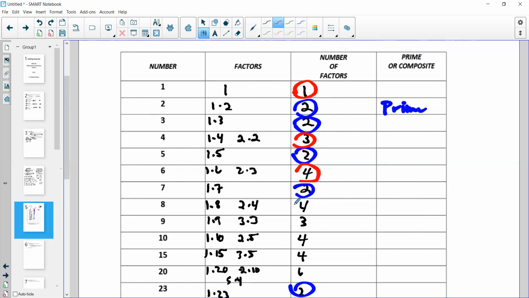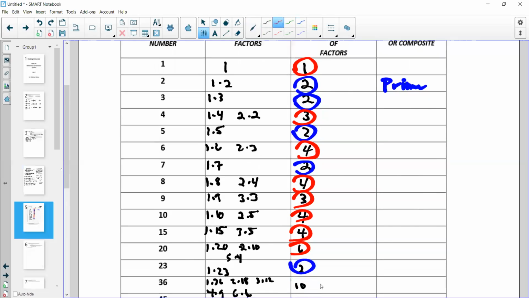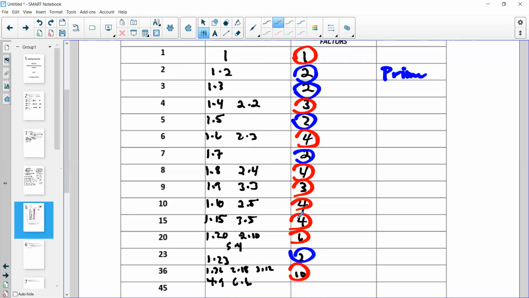And then we've got 3, 4, 4, and 3, and 4, and 4, and 6. And then we got all the way down to 10. So anything that was not circled in blue, so 3 factors and above, we would call composite. And then that leaves us with this one right here. 1 is neither prime nor composite.